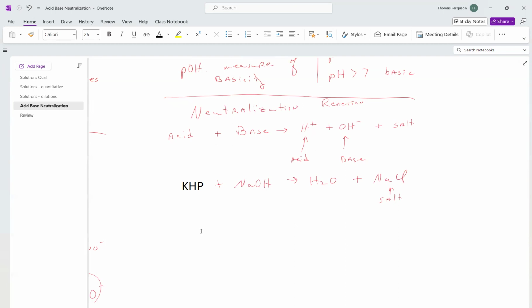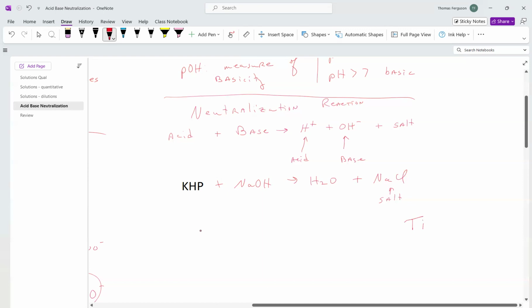Now, the essence of something called the technique we're going to be using today and tomorrow is called titration.